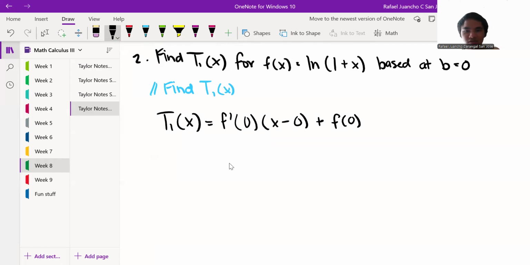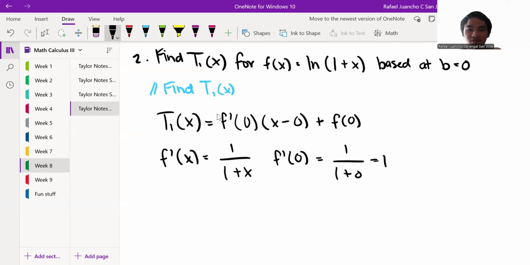And then from there, now we say, okay, my f prime at x. So here, let's generalize it first to x. This is 1 over 1 plus x if we take its derivative. We do a chain rule, this just becomes 1. So same thing. And if we plug in the 0, now this is basically 1.